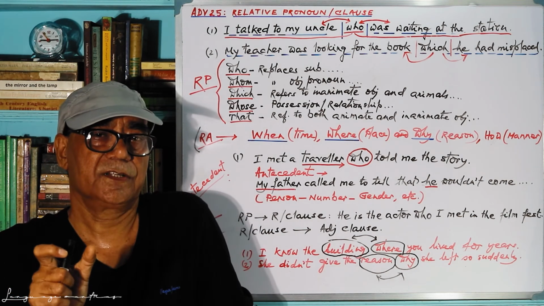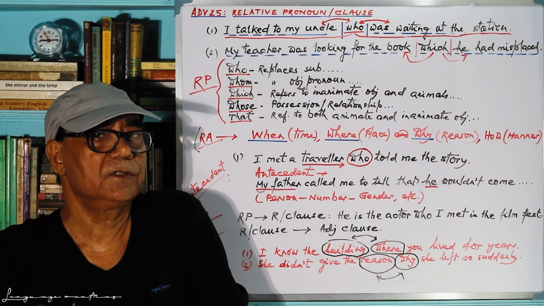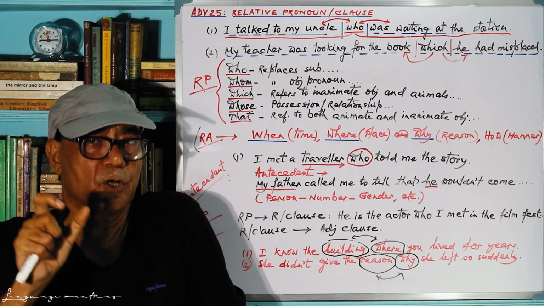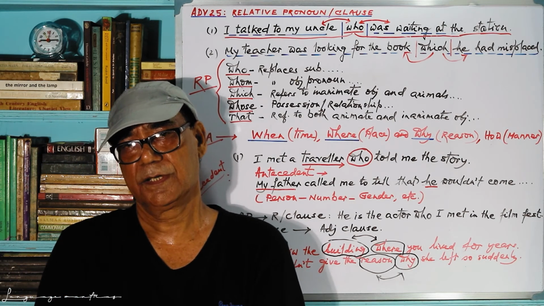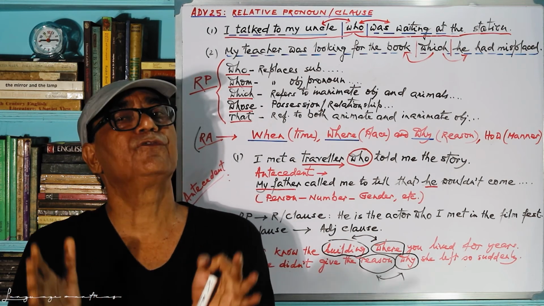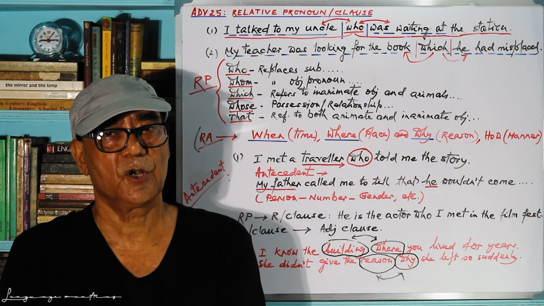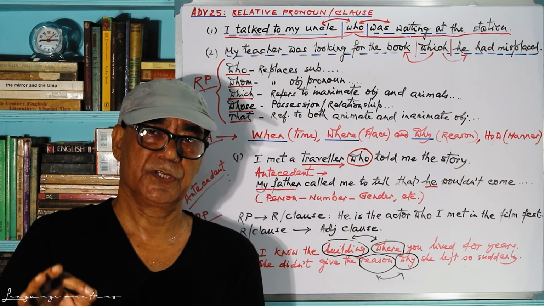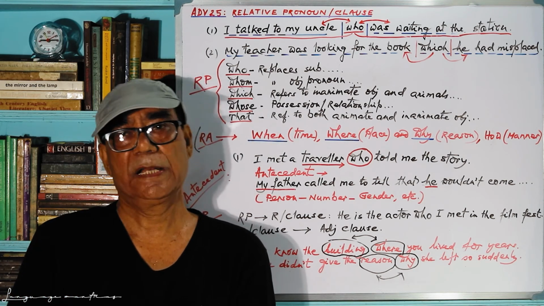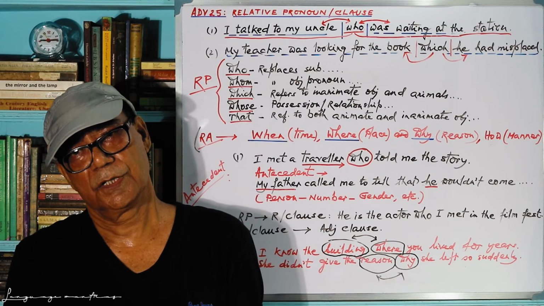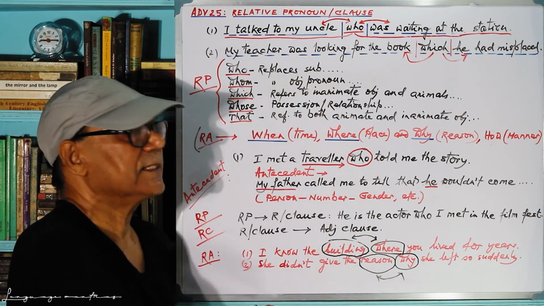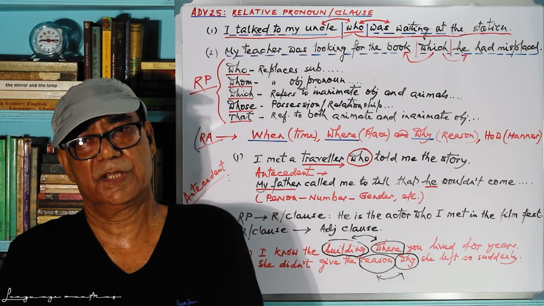So you must understand relative pronoun and relative clause. If you understand relative clause, then your understanding of adjective clause is 90% done, and that we will take up in our next session. I think you have already understood this.